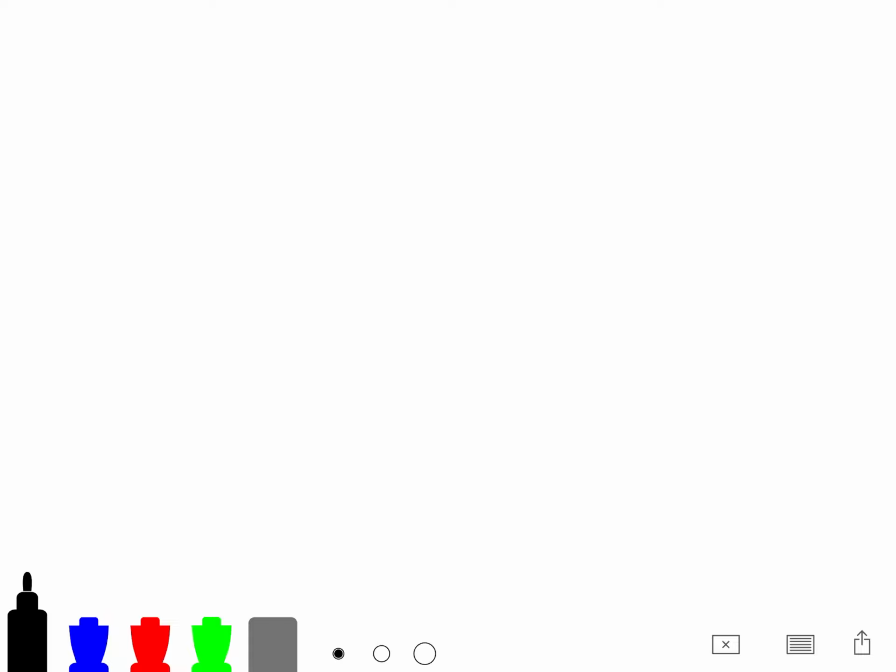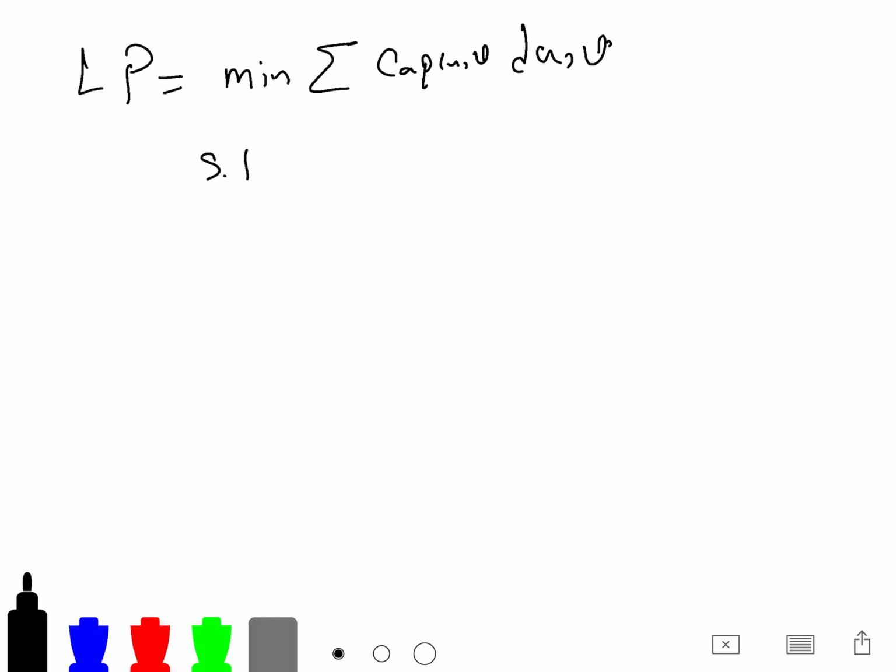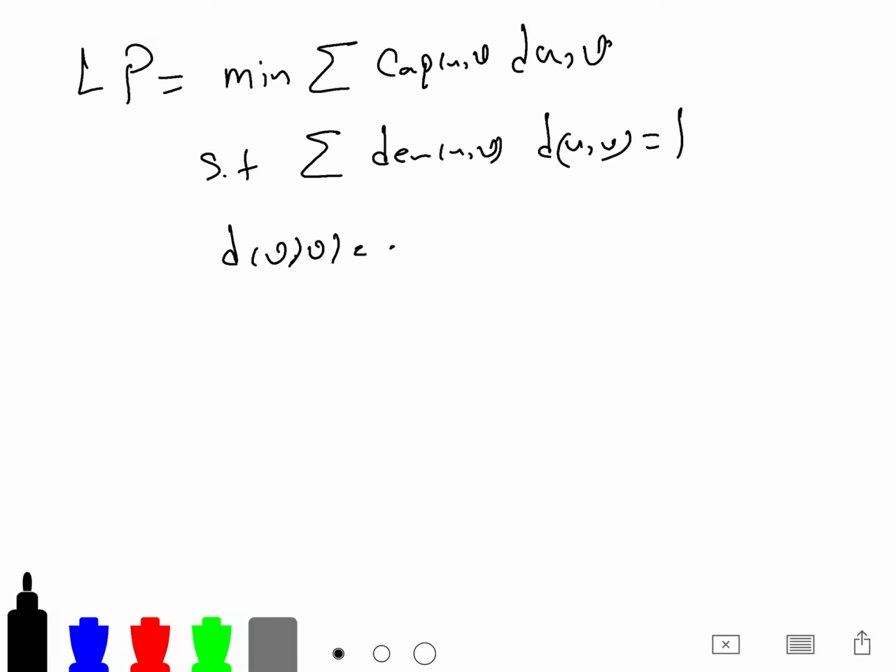What I wanted to say, which is interesting, is that let's say we define LP to be the minimum of the sum of capacity of U and V times D of U and V. This is just a relaxation of ST sparsest cut, because you solve this such that the sum of demand of U and V times D of U and V equals 1. Of course, there are many constraints. D of V and V is 0.